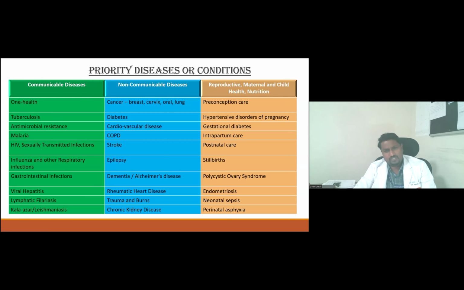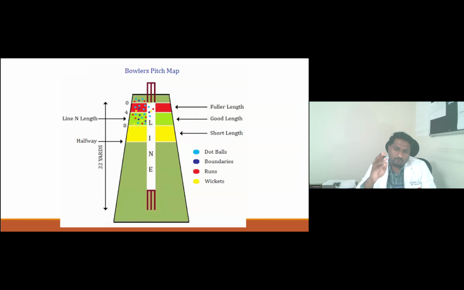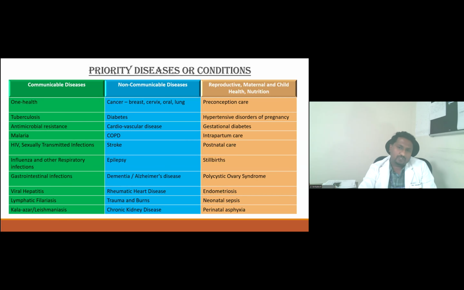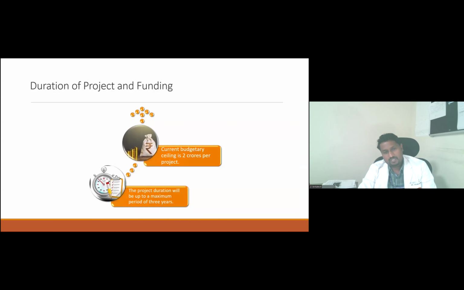Try to do something which the nation needs and contribute to the nation's needs. They have pre-identified the diseases, so you hit those areas. If you bowl on those areas, only then can you actually get the wickets. If you have a pre-designed research question which doesn't fall under the priority areas, of course you will have a lesser chance. So while writing the research proposal, keep this in mind.